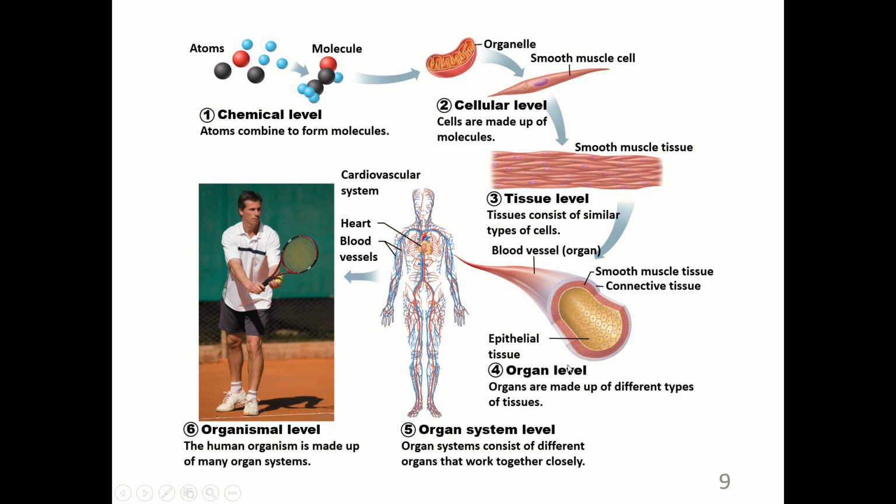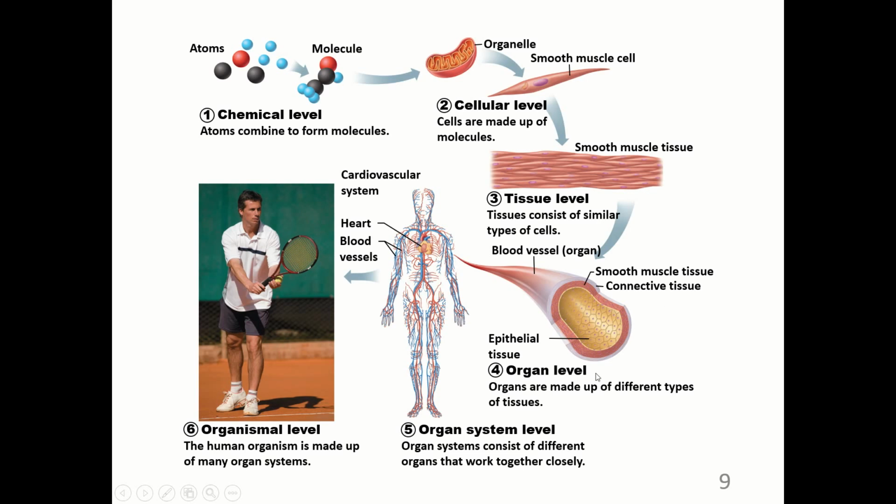This slide illustrates each level. The chemical level is composed of atoms and molecules. Atoms and molecules then form the cells, which make up the cellular level. Cells are the smallest unit of organized life. The tissue level is composed of similar types of cells that perform similar function.